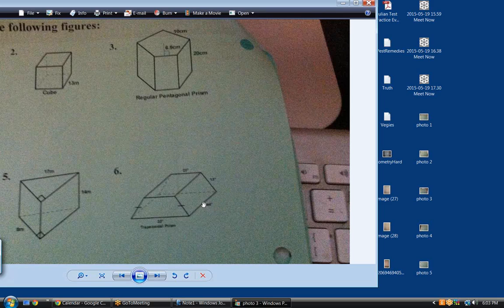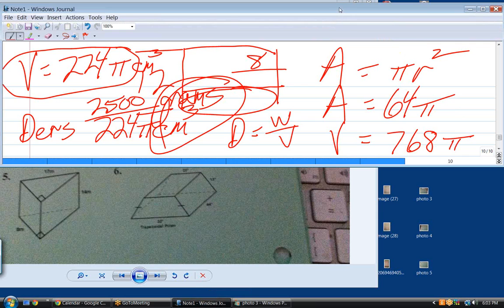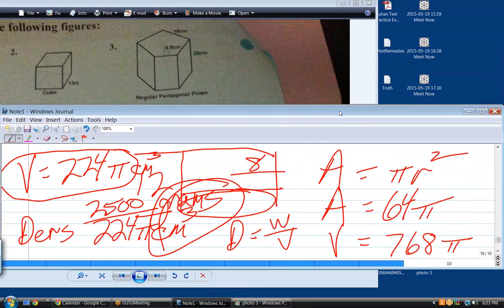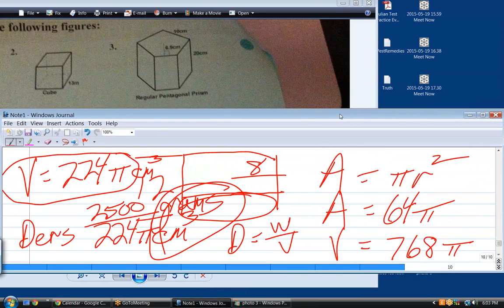Sometimes it's a different base. But it's clear that the base you don't see underneath is the same shape as this base right here. If you have 2 equal opposite bases and it's uniform in between, then it's the area of the base times its vertical height. So what's the area of the base of a regular pentagon?